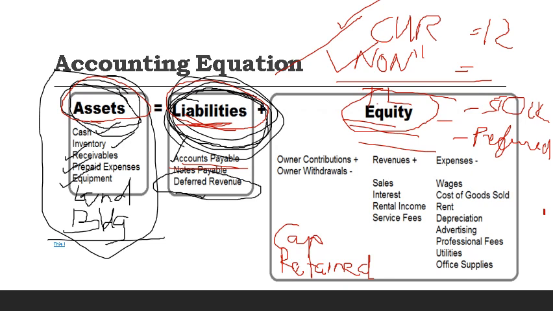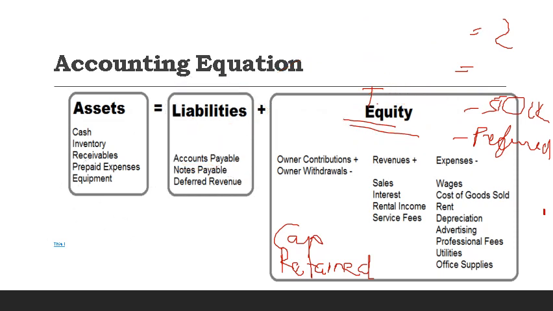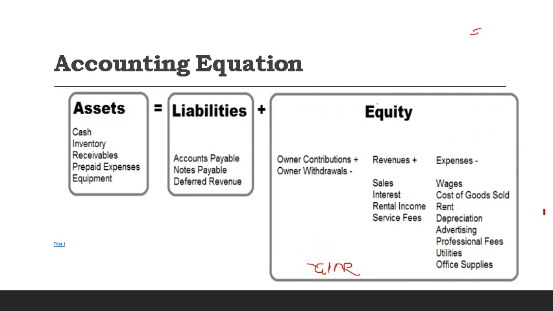Alright. So, if, for example, we want to compute assets, we stick to the accounting equation. If we want to compute for assets, we use the formula liabilities plus equity.